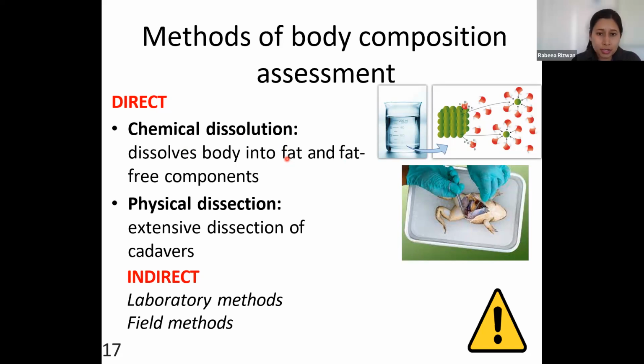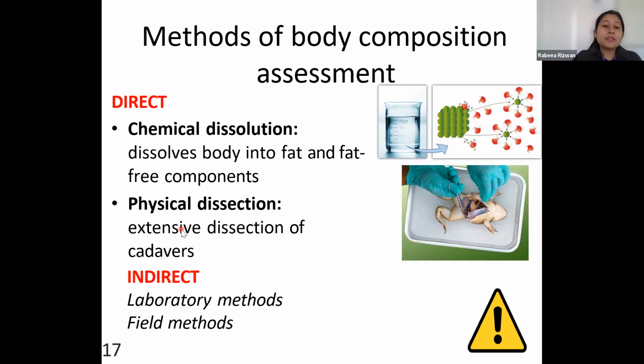Like this, by chemical dissolution the body is split into fat and fat-free mass, like minerals, calcium, magnesium, and proteins, which are the amino acids. This picture gives the elaboration of this.